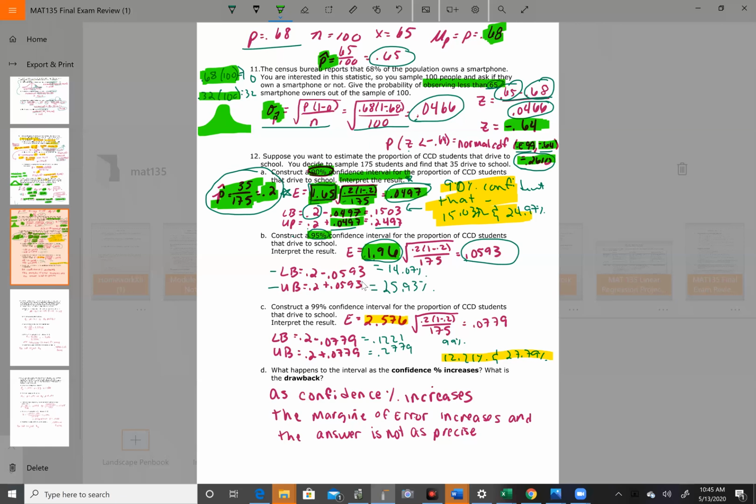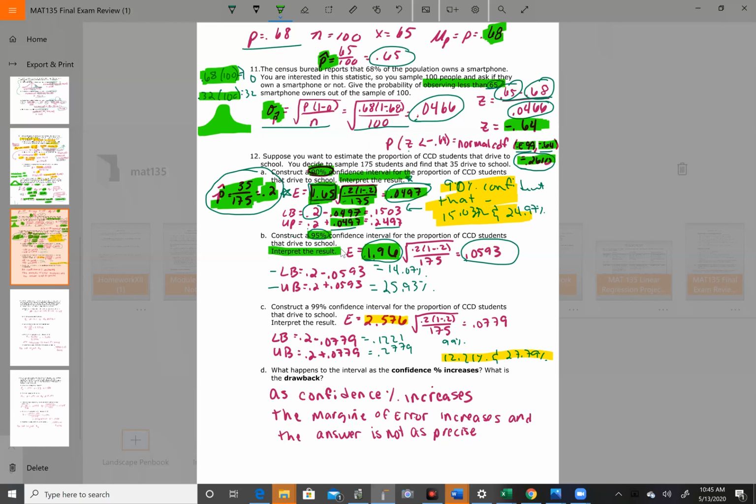So we can be more confident, but we're becoming less precise, right? We're making our range bigger. So interpreting this result: we are 95% confident that the proportion of CCD students that drive to school is between 14.07% and 25.93%. Don't forget, you must interpret this result, even though I didn't write it down in your key.